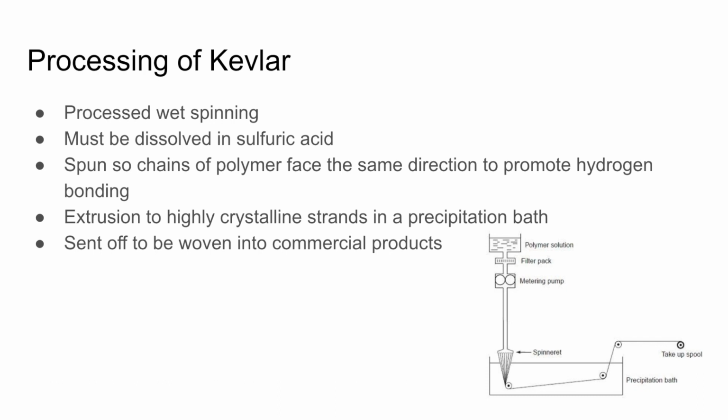The resulting strand is run through a precipitation bath to cool off the Kevlar and wash all the sulfuric acid off, and it is then wrapped around a spool and sent off to commercial brands that make the final product using the Kevlar. Those products could be anything from ropes to police vests.